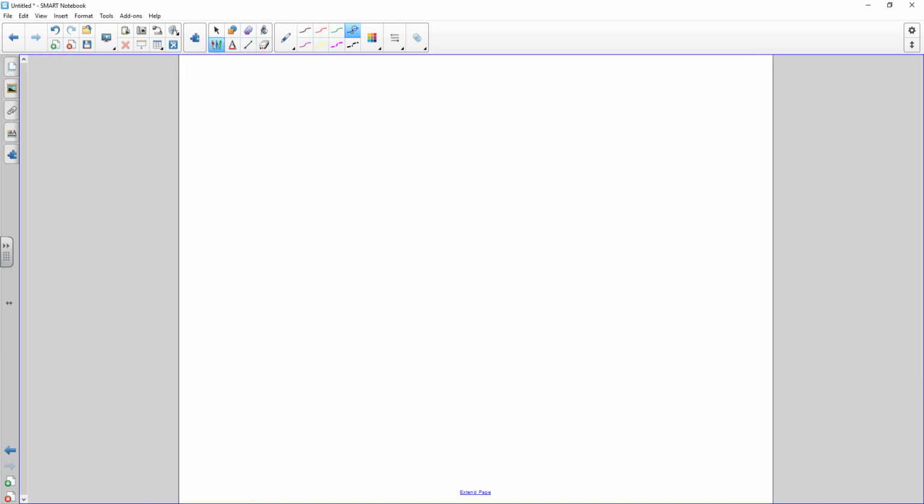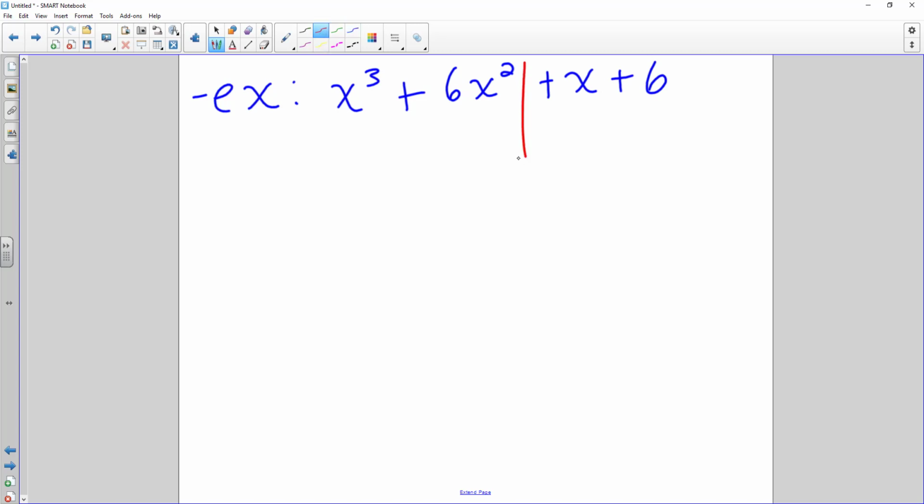So if I have x cubed plus 6x squared plus x plus 6. So split it down the middle. Just out of the first 2, I'll have x squared in common. And I'm left with x plus 6.